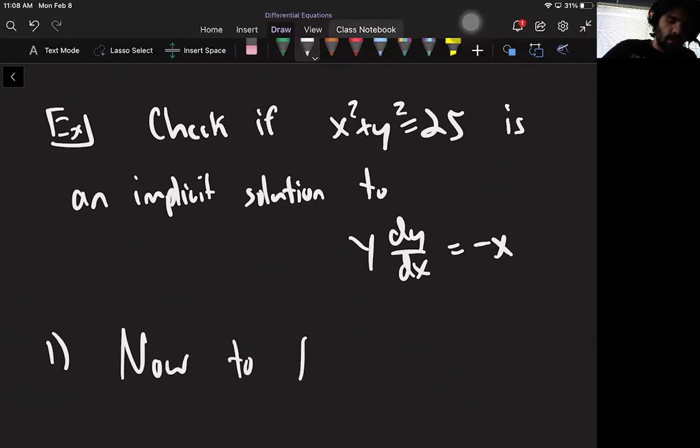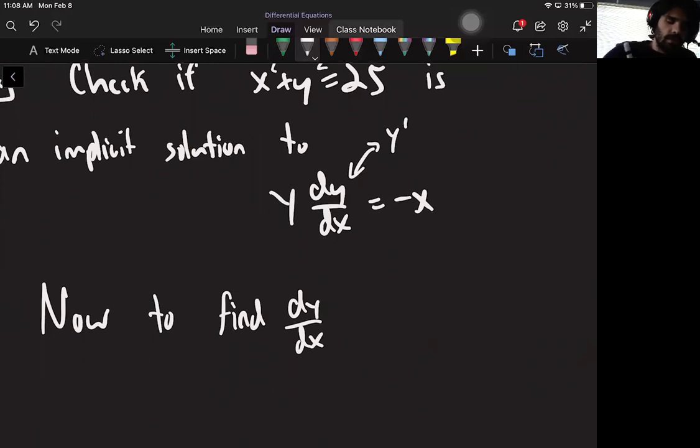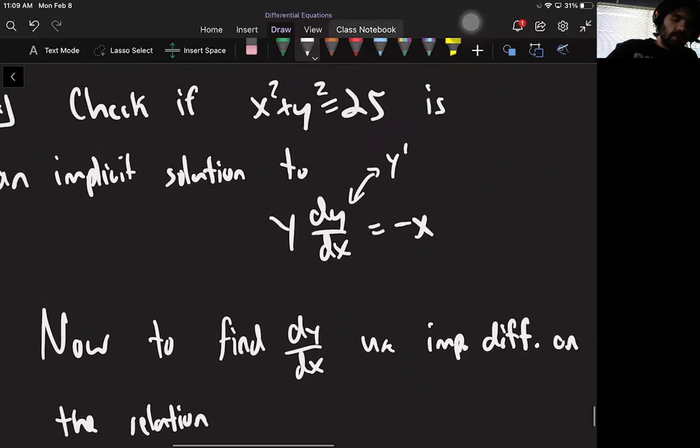I still need to plug it in, and I could have also called this y prime, same thing. Okay, so let's do that on the relation that I'm checking if it's a solution. So on this thing.